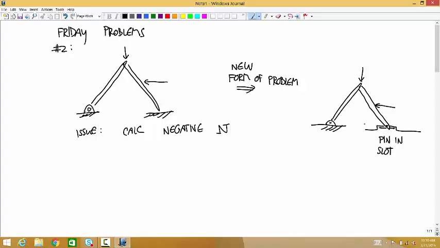But you have 7 variables, so you need 3 constraint equations. 2 of those come from the acceleration at the pin, and 1 comes from the acceleration at the pin and slot, because you don't know anything about the x acceleration at that point, but you know that there can't be any y acceleration. So that's what you're going to do in the new problem.